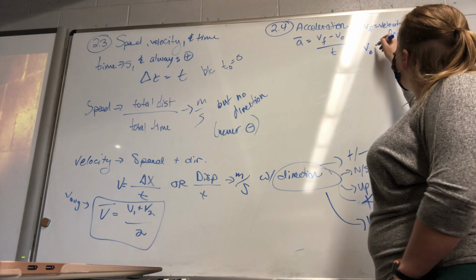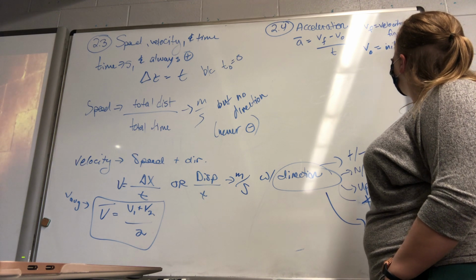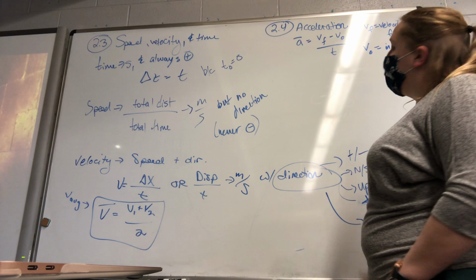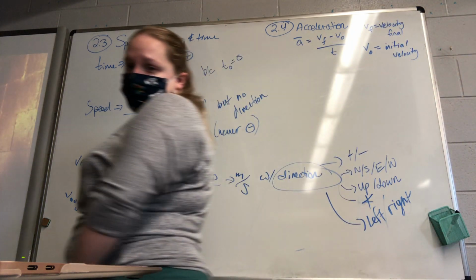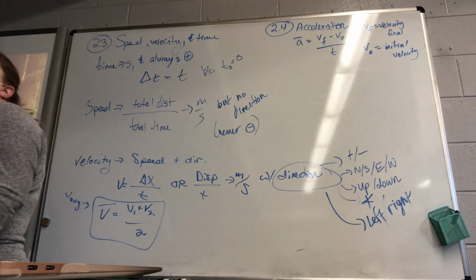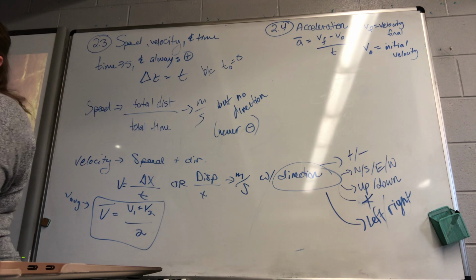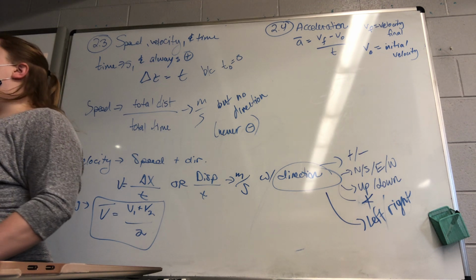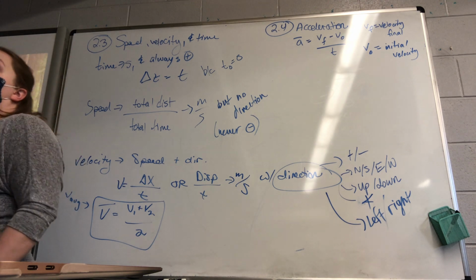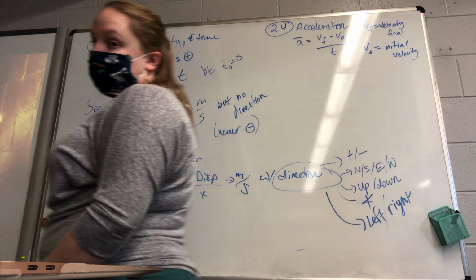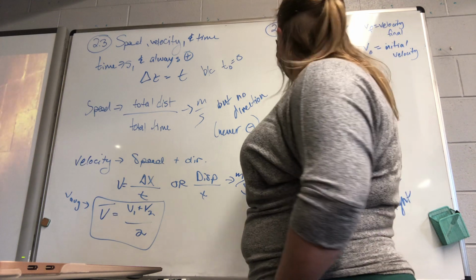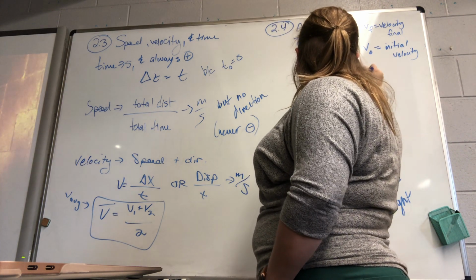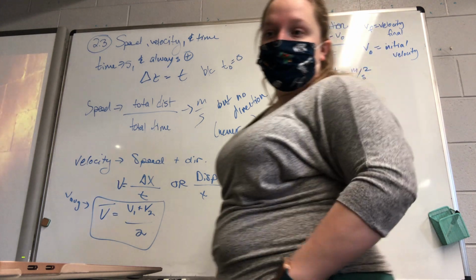When you see V naught, it means initial. Later on, when we get to our formulas, solving any equation using kinematics equations, we get rid of the F altogether and just say that if you see a V, it means final. If you see V naught, it means initial though, and keep the little knots, okay? SI unit, meters per second squared.